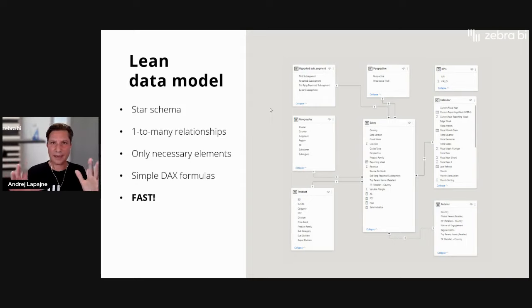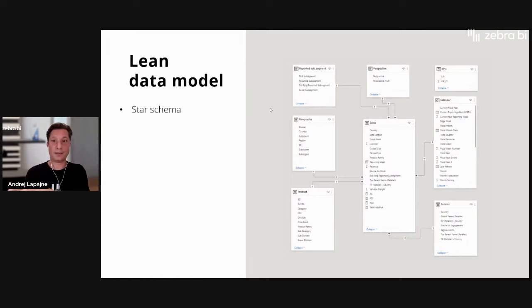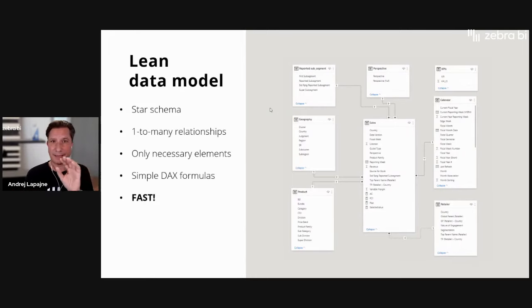So if you can transform your model into a star schema like this, then your model will be much, much faster. Actually, this transformation from this messy model to this picture, this is an actual use case, right?